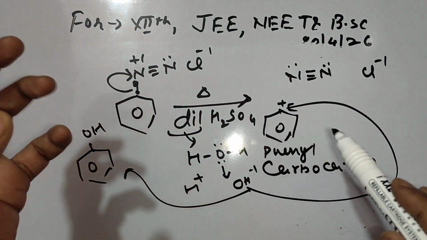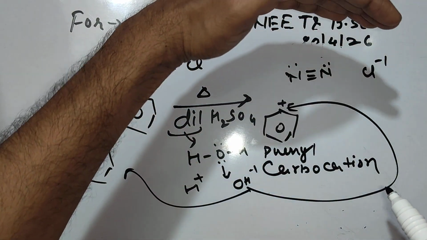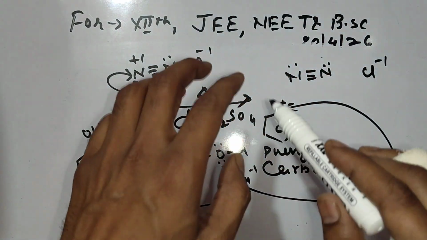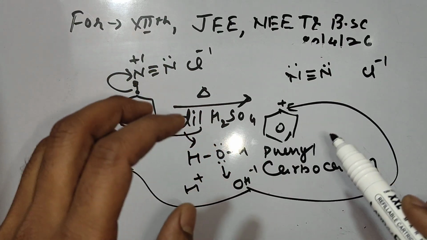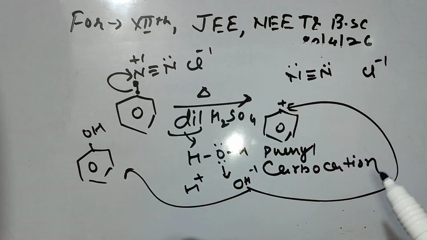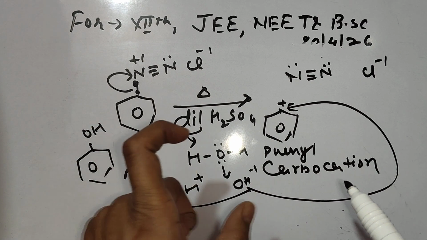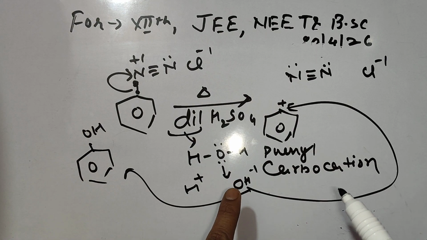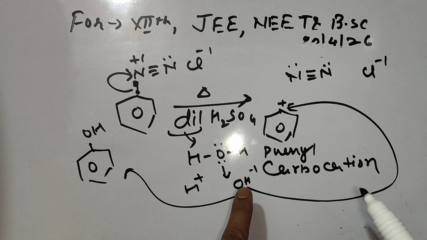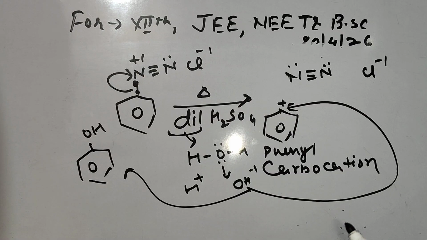Cl negative is not in the proximity of this phenyl carbocation. Water molecules have more chance to attack it, and they get the benefit of close proximity, so they are taking advantage of that. OH negative particles are going to join directly on the phenyl carbocation and phenol will generate.